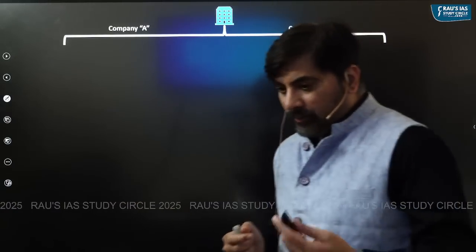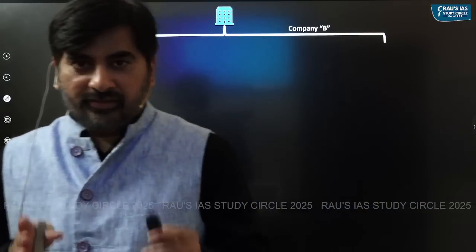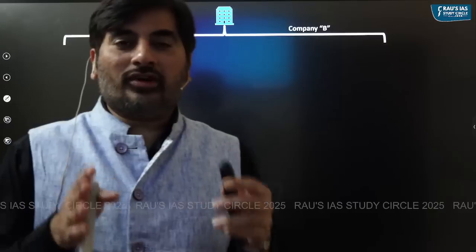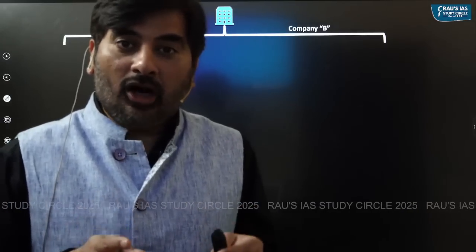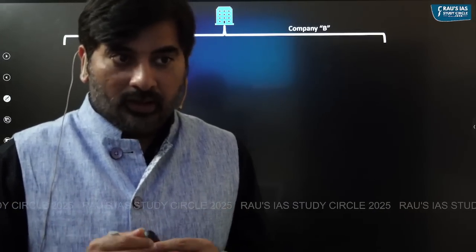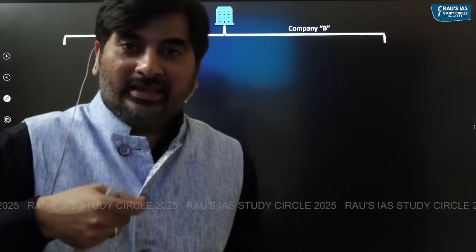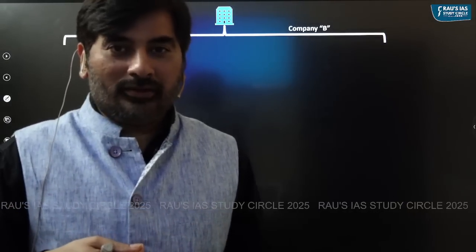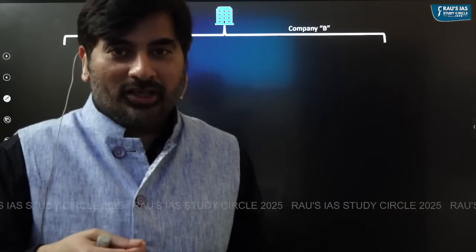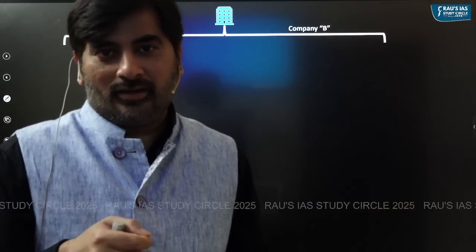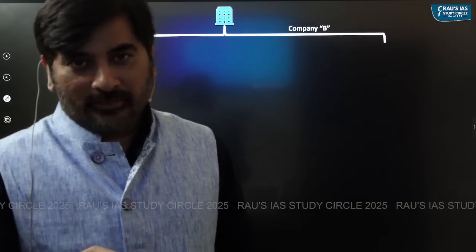Apart from that, in the previous year prelims, as I showed you, there was a concept of capital output ratio. Similar to capital output ratio, there is another ratio called incremental capital output ratio. These two ratios are very confusing for most of the students.